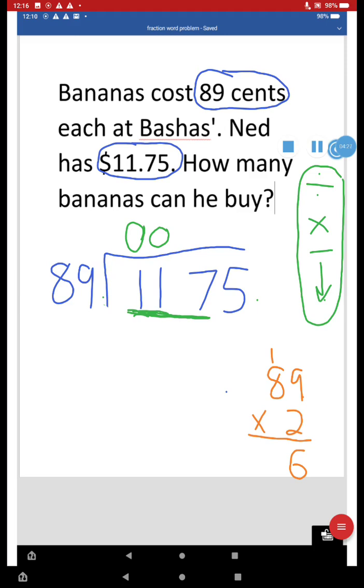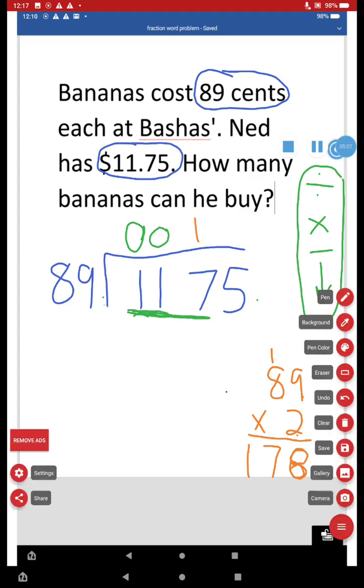What's 2 times 9? 2 times 9 is 18. Carry the 1. Good catch. 2 times 8 is 16, plus 1 is 17. All right, so 89 times 2 gets me 178, which is way too big. That's way bigger than 117. So that tells me I need a number smaller than 2, but bigger than 0. You got it. It's going to be 1.